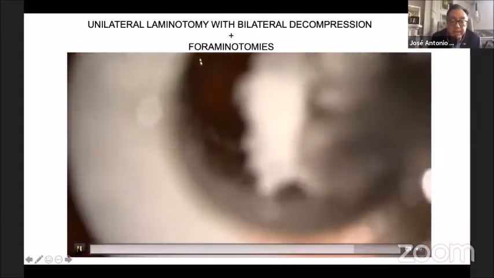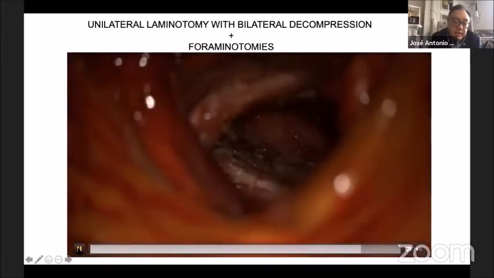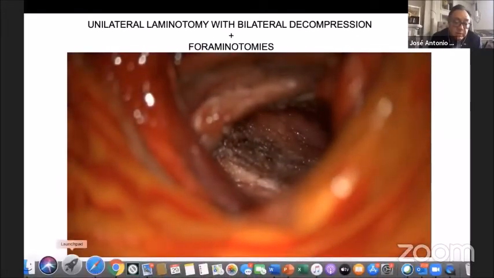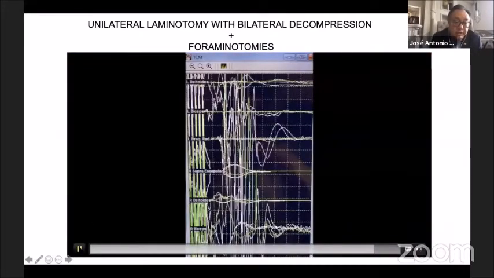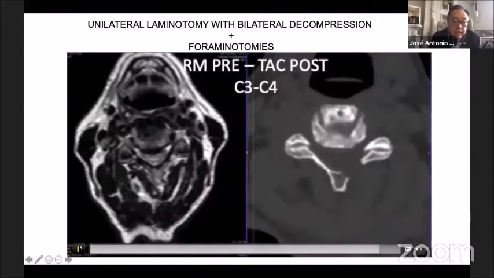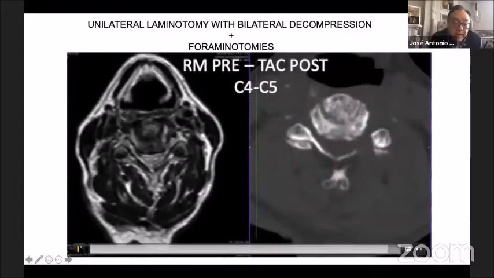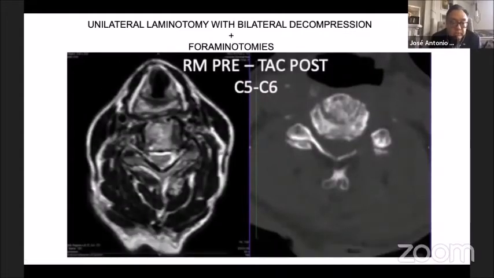As you can see in the three-dimensional CT, we can see the improvement in the compression, and also the bone windows for the foraminotomies, very small windows with a very nice evolution.